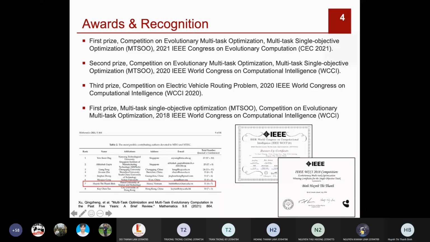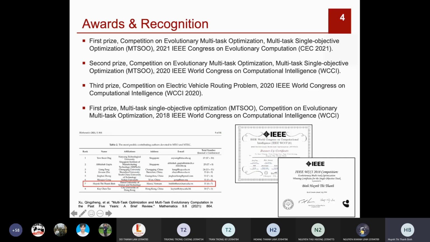Còn năm ngoái nhóm mình cũng đề xuất các thuật toán để giải bài toán tối ưu lập lịch cho xe điện ở một cuộc thi về tối ưu lập lịch cho xe điện, thì cũng được giải ba ở WCCI năm 2020. Và 3 năm trước, vì WCCI chỉ tổ chức vào năm chẵn thôi, thì nhóm mình cũng được giải nhất ở cuộc thi Multitask Single Objective Optimization.